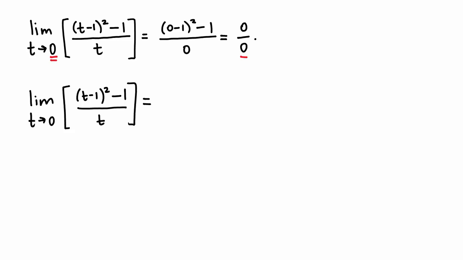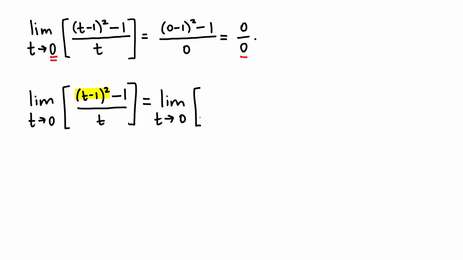What I want you to notice here, we call it expand and simplify because there's going to be something that can be expanded, and that's going to be this part of the numerator, t minus 1 quantity squared.